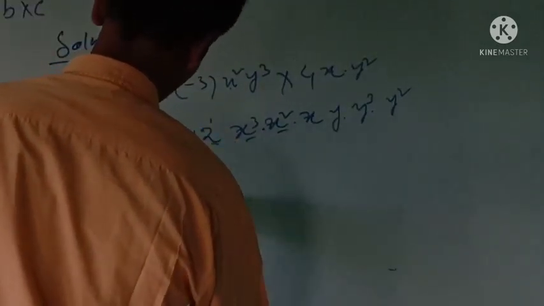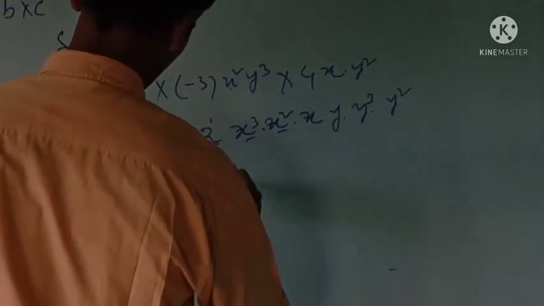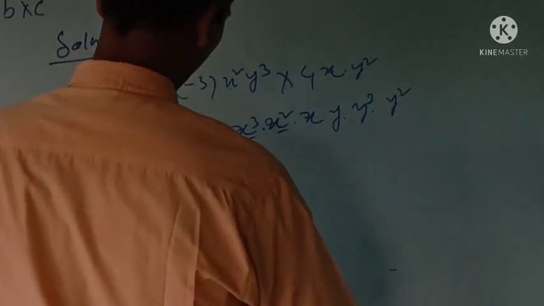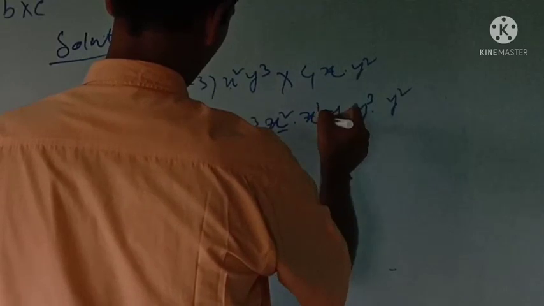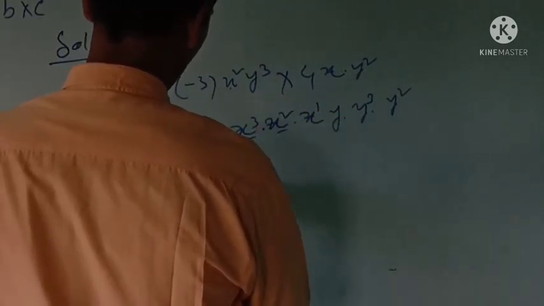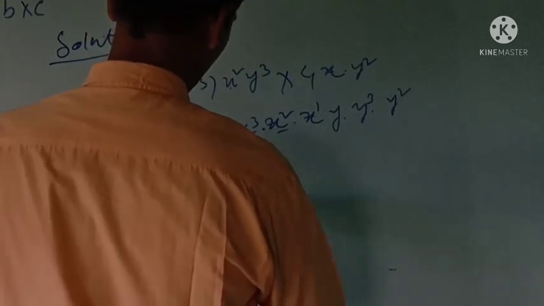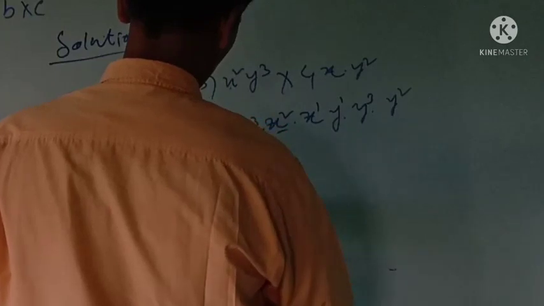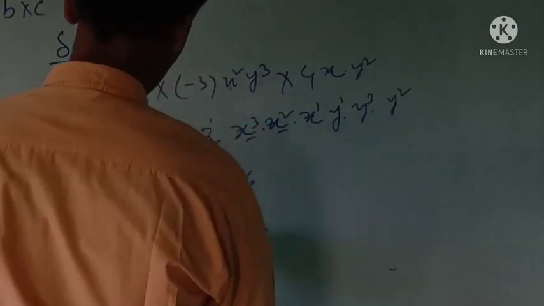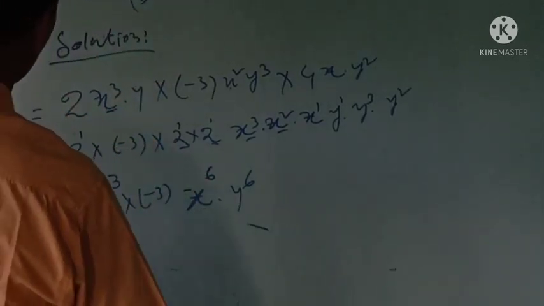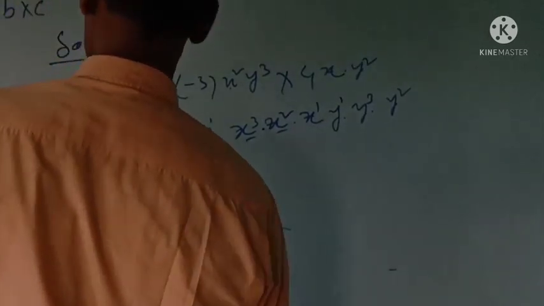So we can write x raised to the power 3 plus 2, 5. Getting me? Again 1 x is there, so the power is 1. 3 plus 2 plus 1, 6. The power is 6. Then for y, the powers are 1 plus 3 plus 2, 6. So we can write y raised to the power 6. Okay, this is the solution for question number 2, sub-question C.